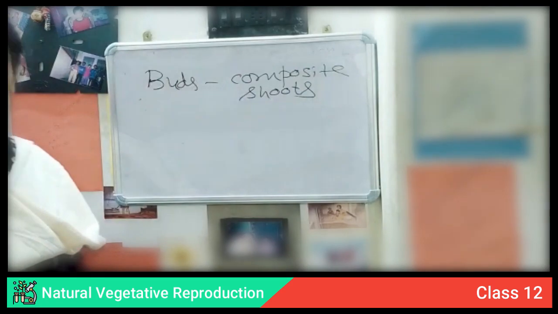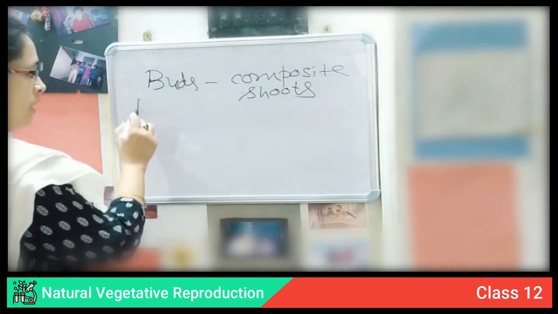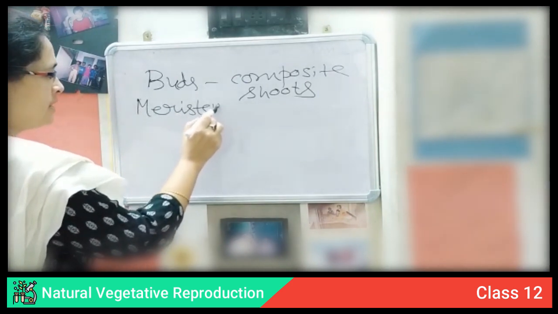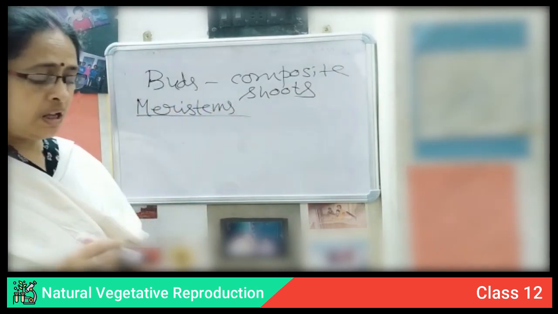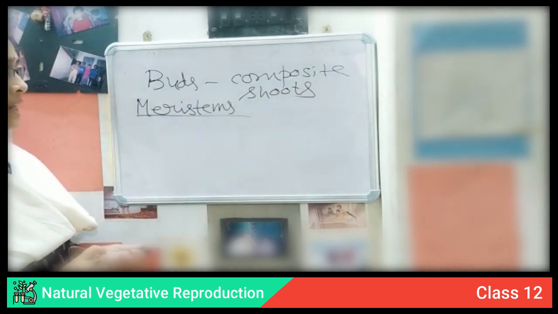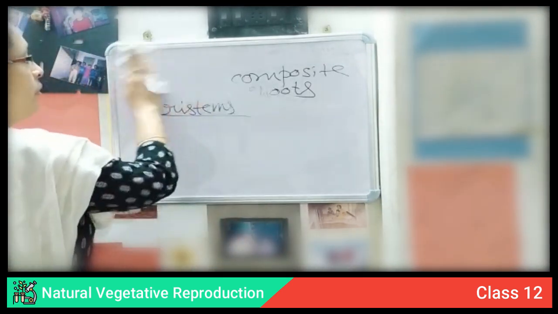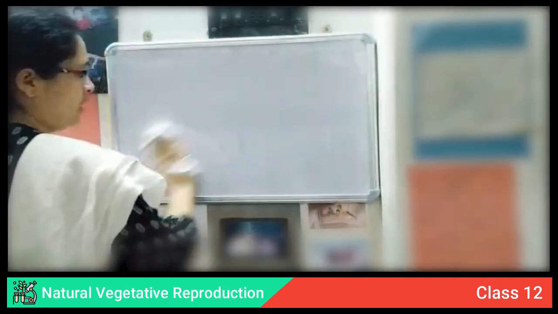So vegetative reproduction occurs through buds, and it occurs by the division of meristems, meristematic tissue. This vegetative reproduction occurs through meristems.